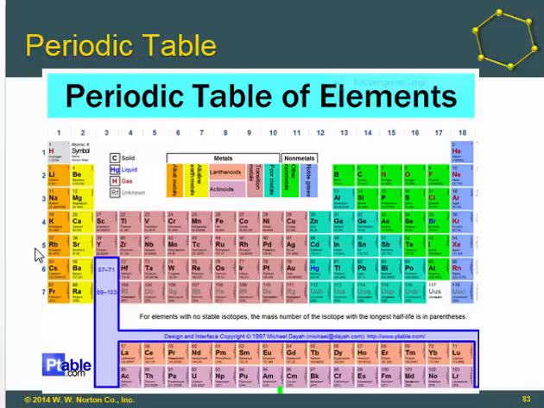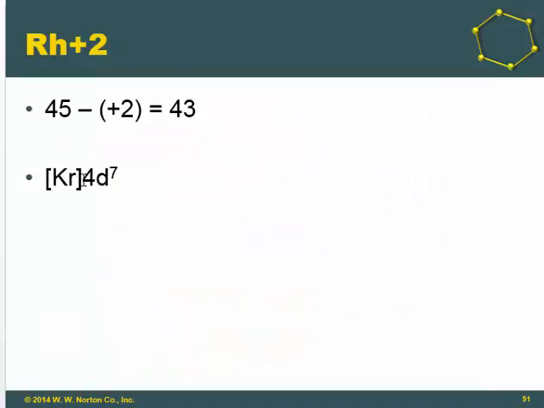Since I have +2, I've lost these two electrons, and then it's going to be 4d, 1, 2, 3, 4, 5, 6, 7. So krypton and then 4d7. I have a total of 43 electrons, and those two electrons came from my 5s subshell.